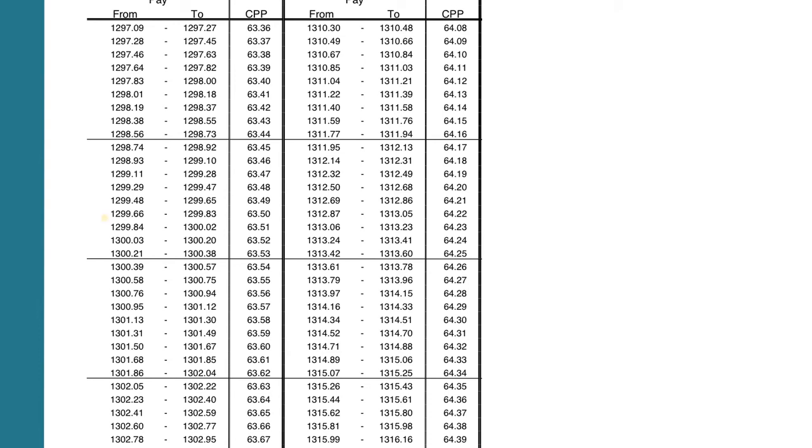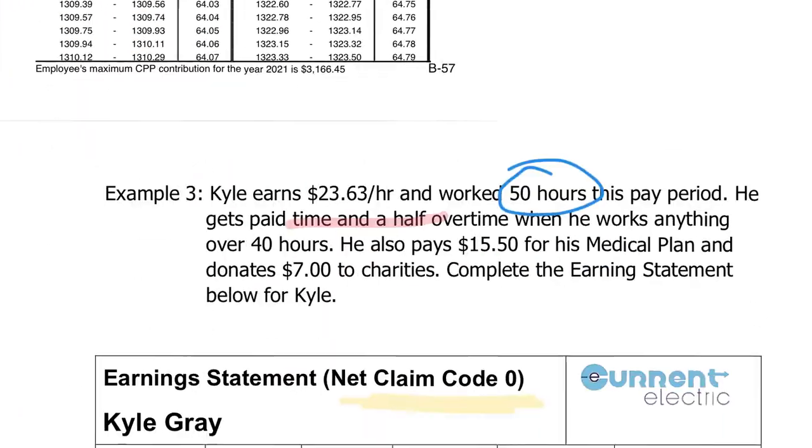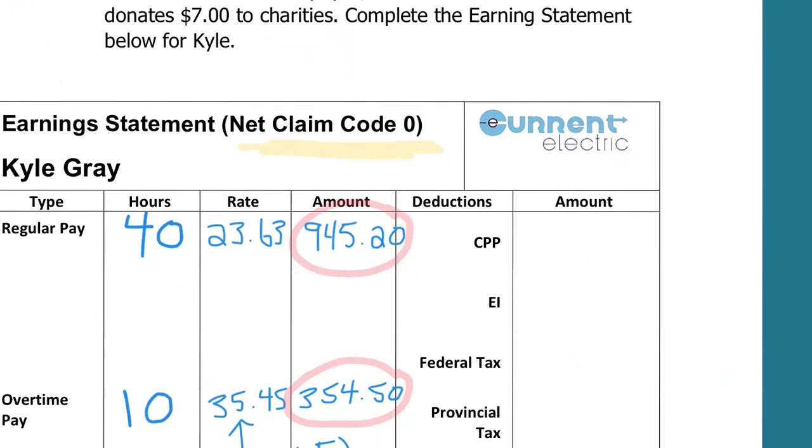Okay, looks like it's right in here. So it will be $63.50 for our CPP. So we'll write that down.